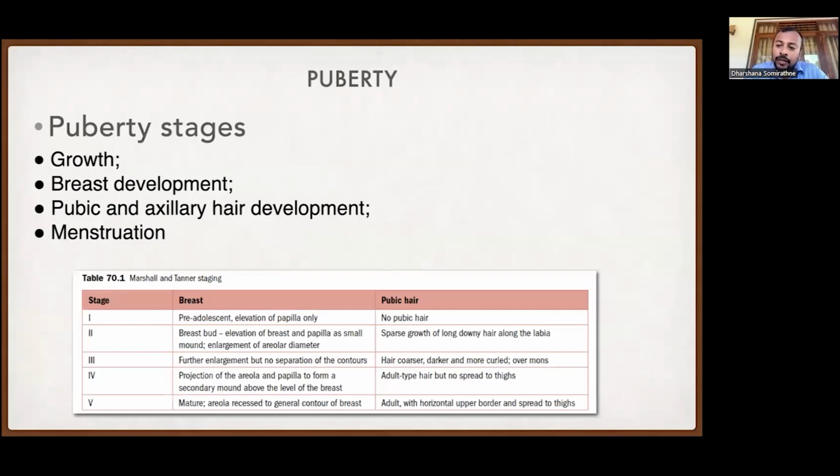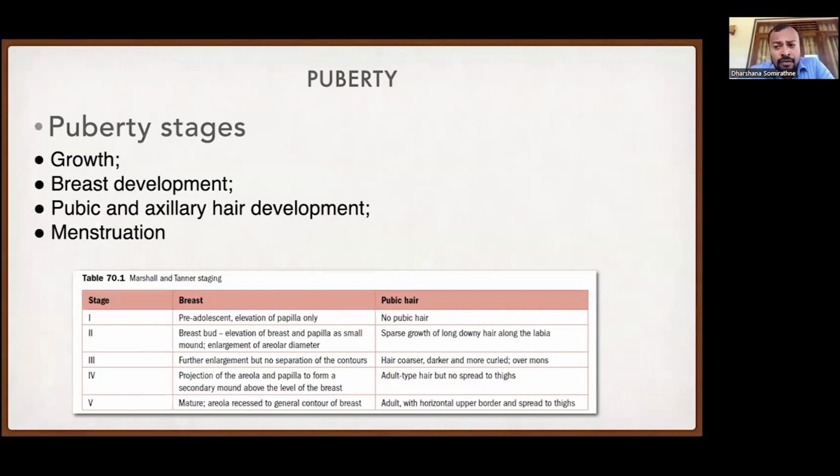Before I talk about this age group, I think it's better to understand the basic physiology behind puberty. You all know about boys and girls having pubertal stages, but this is related to women's health, so I'm talking about girls' pubertal stages.